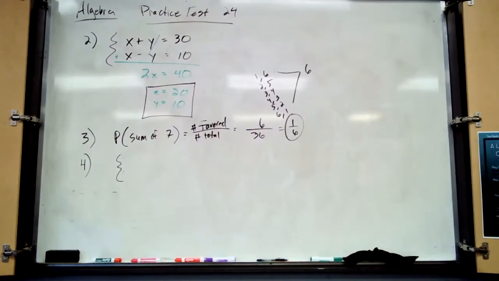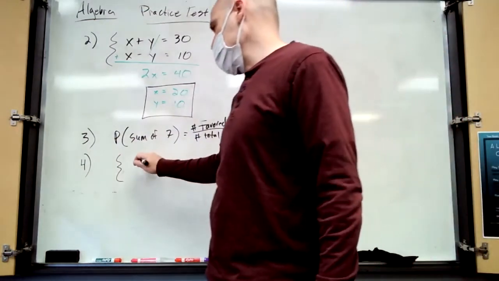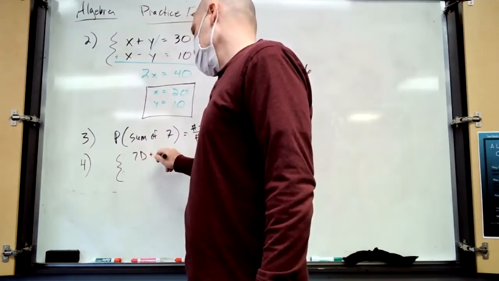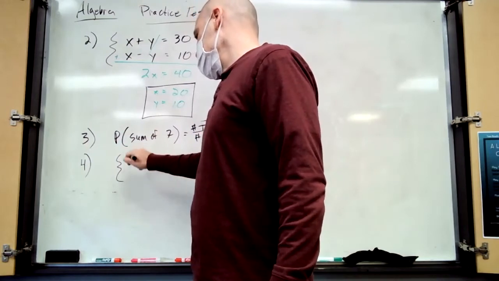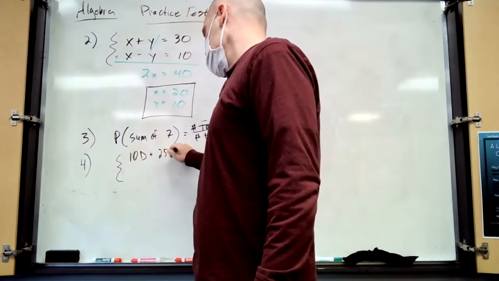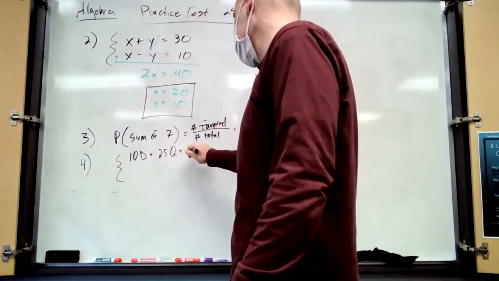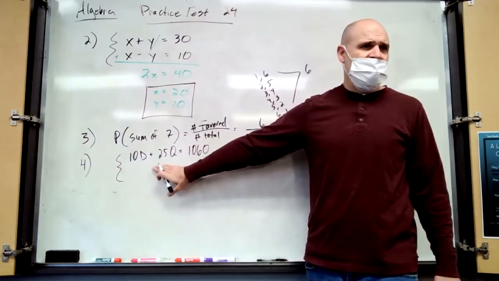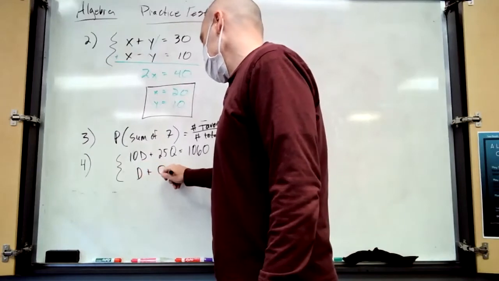So you have to multiply by their value. That's a value equation. So I do 10D plus 25Q equals, now since we're in cents, 1,060. Okay, does that make sense? You see why that's, now, but then your number of dimes and quarters is, what is it?